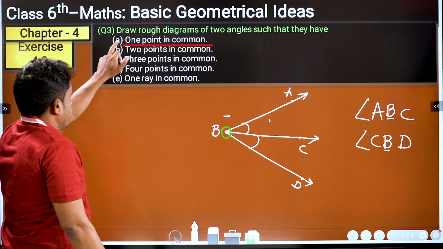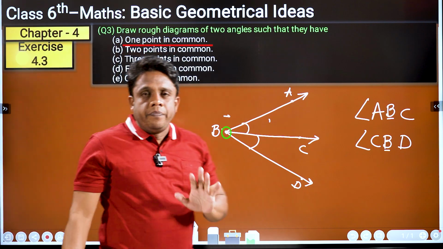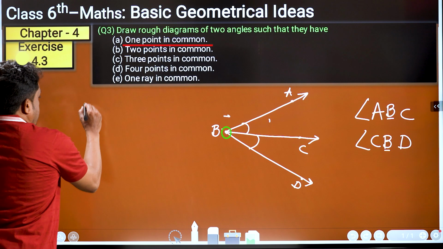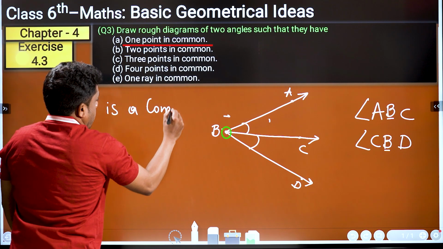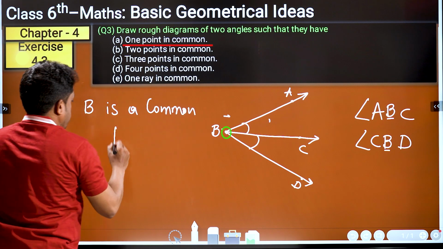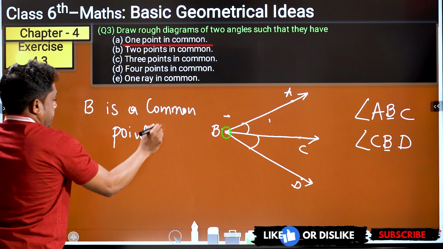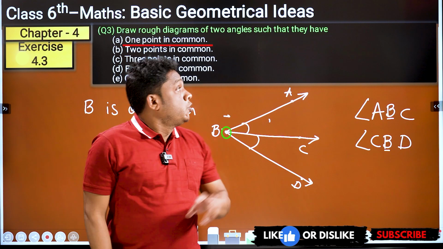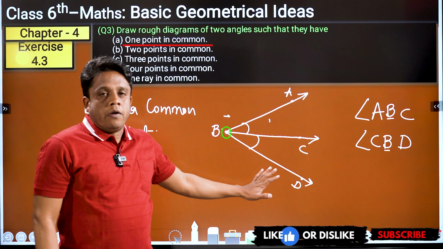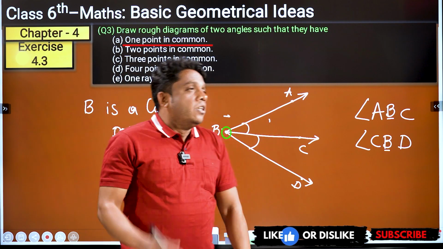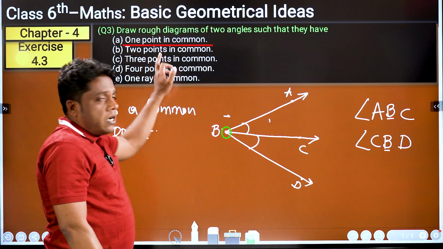So for your A part, one point in common, B is a common point for both of these angles. Clear? Now we'll take up the next one, that is our B part.